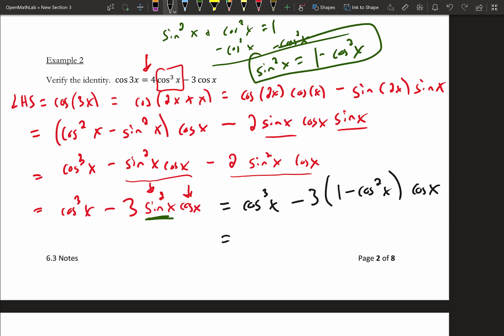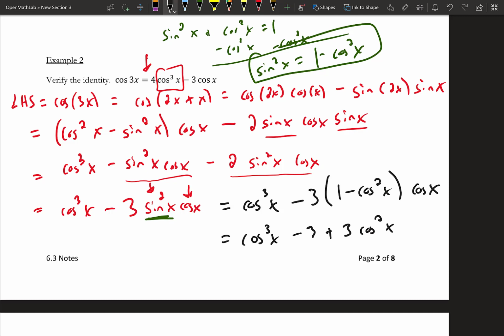So distributing this through, what I'm going to get is cosine cubed x minus 3 plus 3 cosine squared x, and this is all times cosine x, right?